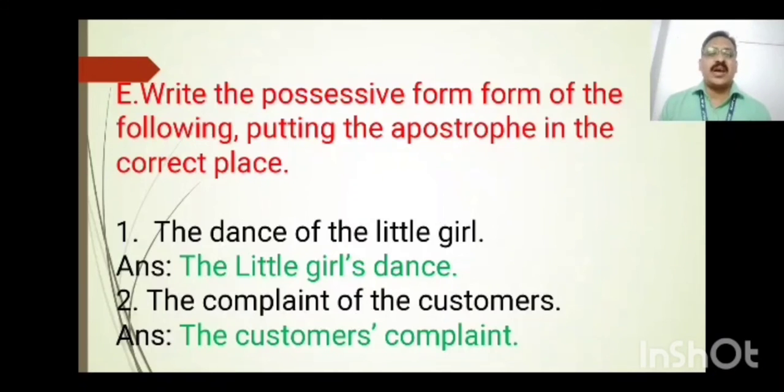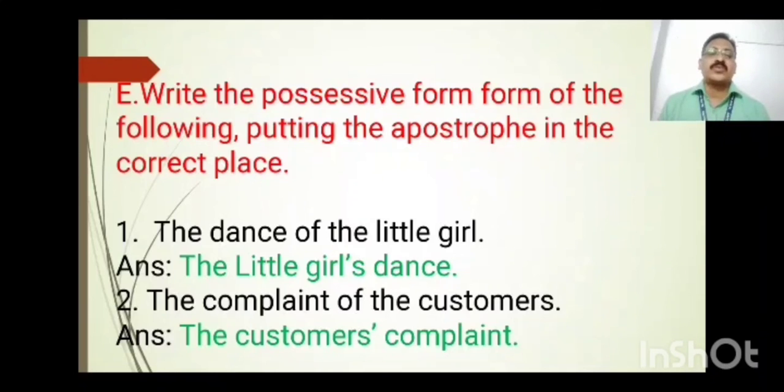Girl is the noun here in the sentence. So as we know, if we add an apostrophe to a particular noun, it will change into possessive form. Question number 2. The complaint of the customers. Because customers is plural ending with s, we don't use apostrophe s, only the apostrophe.